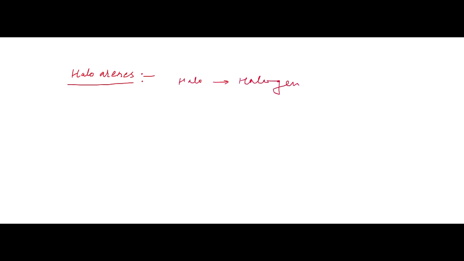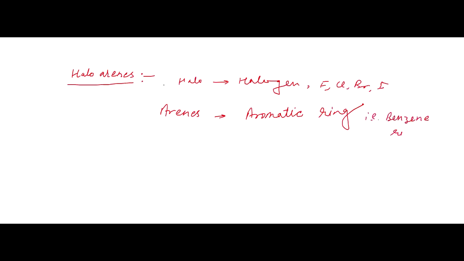Halogen means it can be F, Cl, Br, I. Now the other part is arenes. Arenes means aromatic ring. It should be a benzene ring. I am writing the example, but it can be any aromatic ring.